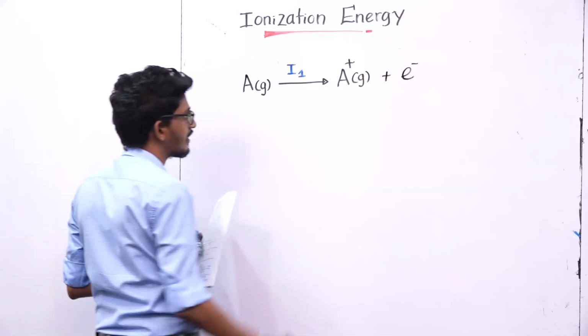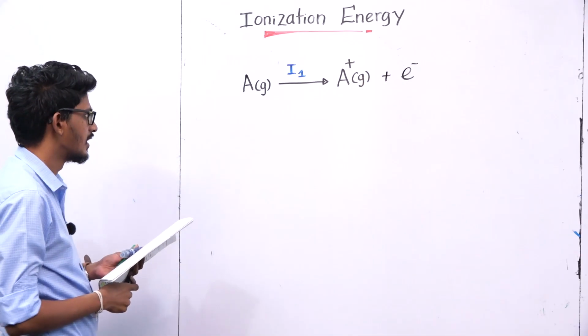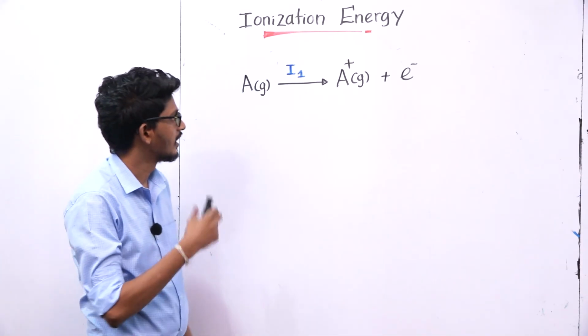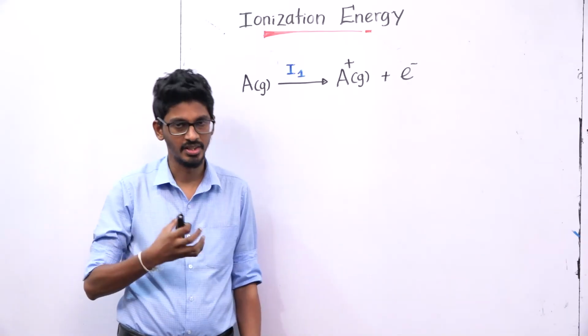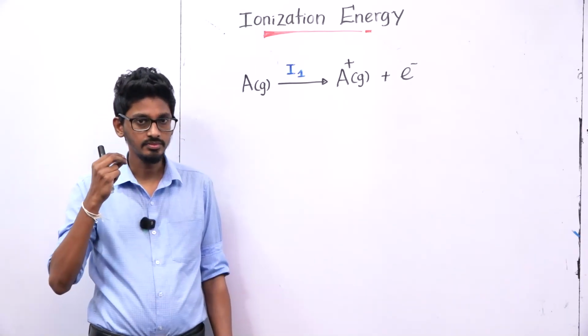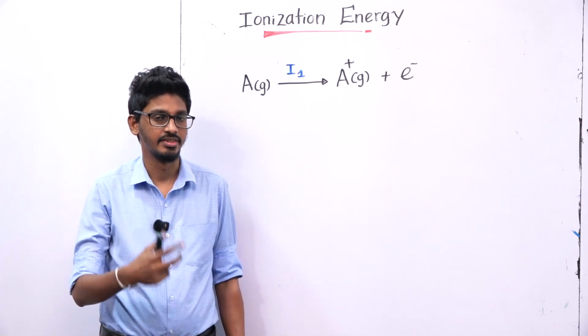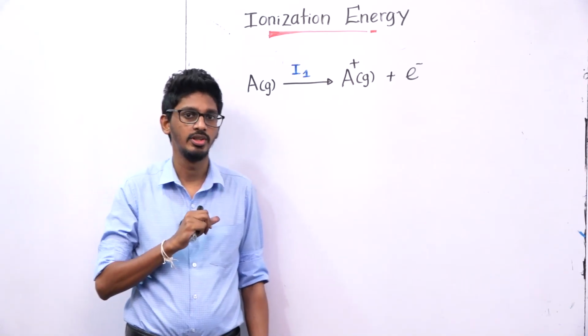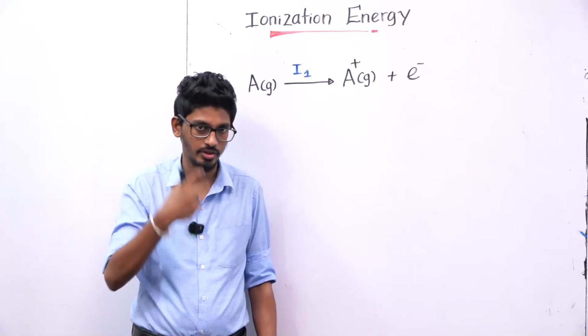So you are ejecting one electron. We are going to discuss the trend of first ionization energy along a period first. After that, we can go towards what happens down a group as well.